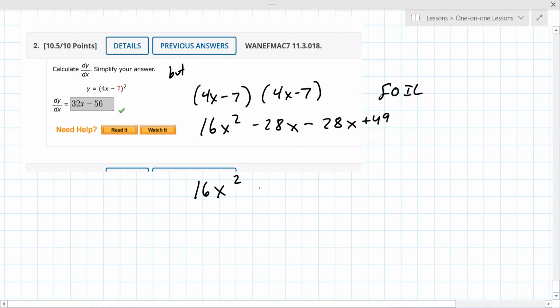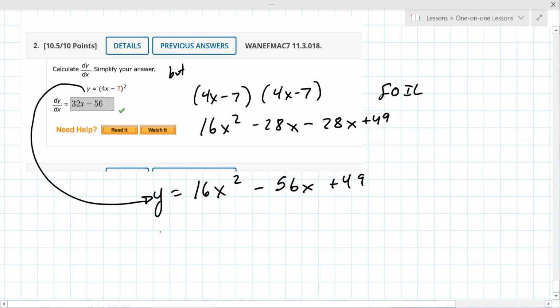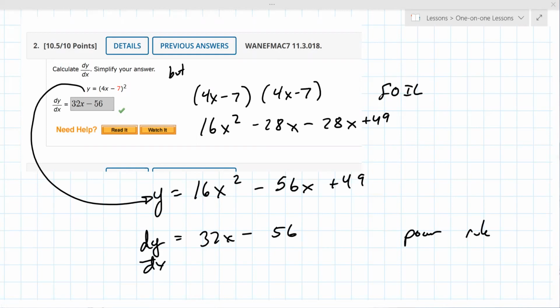You get 16x squared minus 56x plus 49. That's still y. Y is still equal to that. Then for dy/dx, you just use the power rule. That's why I was surprised that you said we haven't covered the chain rule, because it really is a power rule question here.